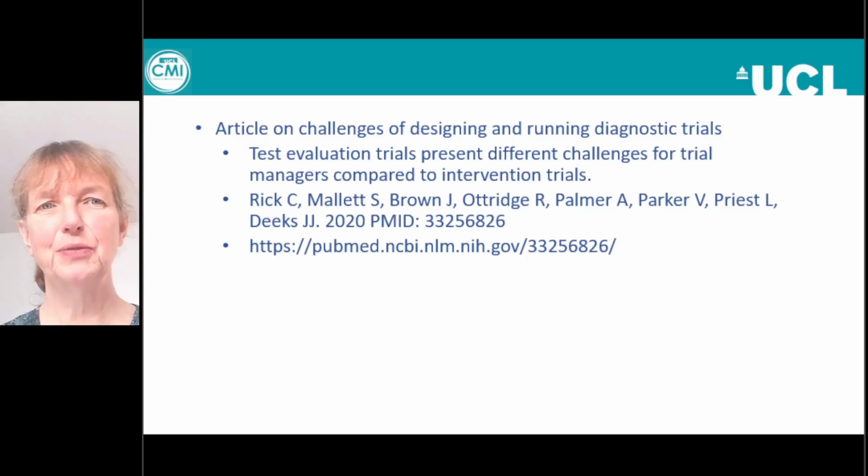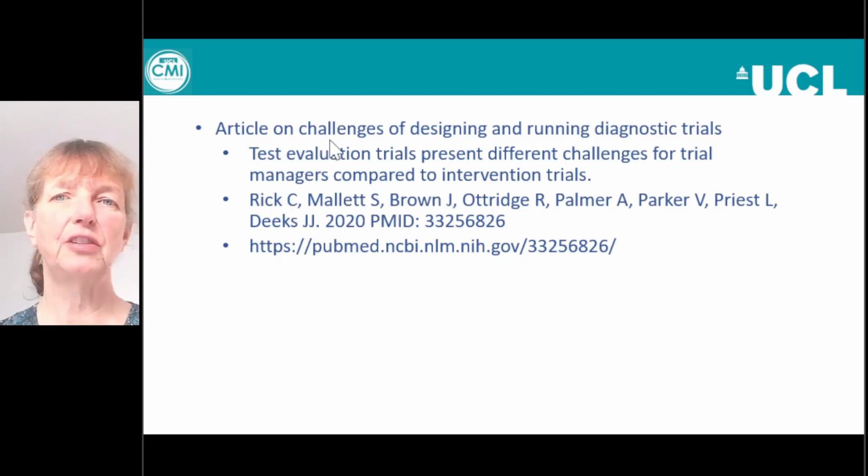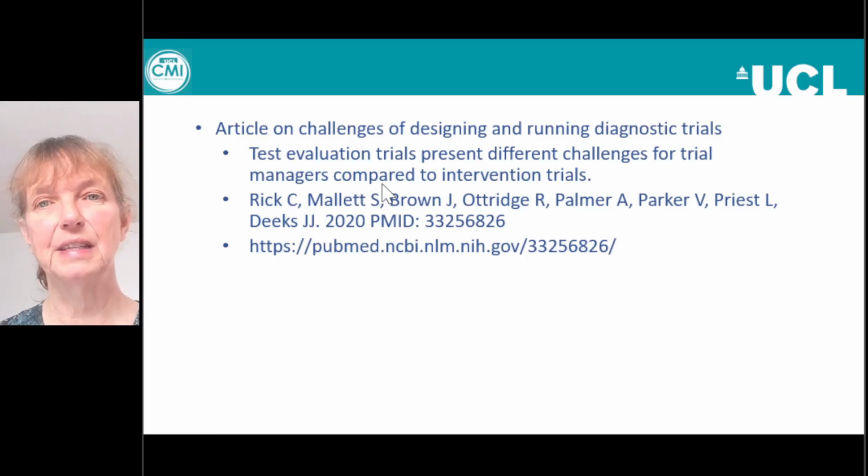Another useful resource I would highlight is an article that, again, I was a collaborator on, thinking about the additional challenges of designing and running diagnostic studies. This study brought together trial managers and statisticians who'd been running 10 different studies of diagnostic test accuracy.